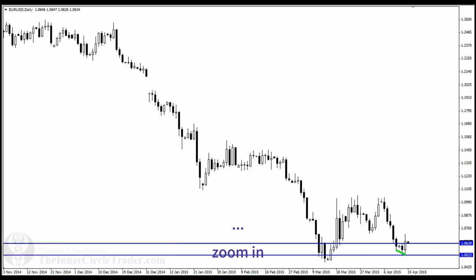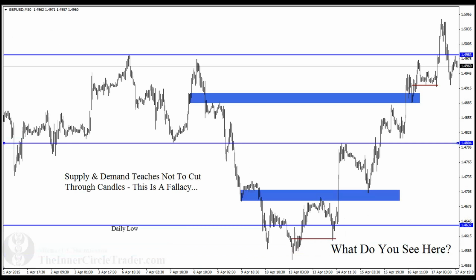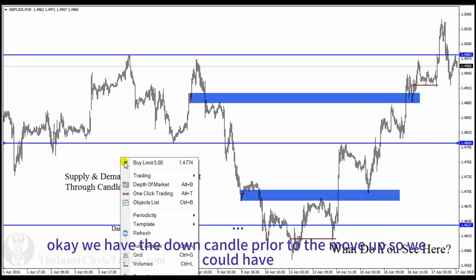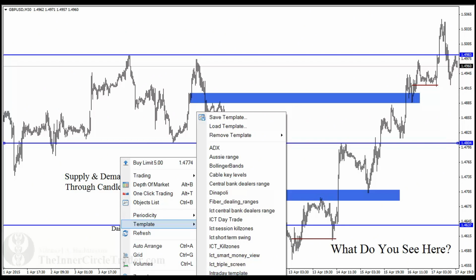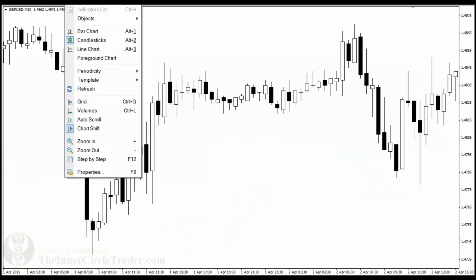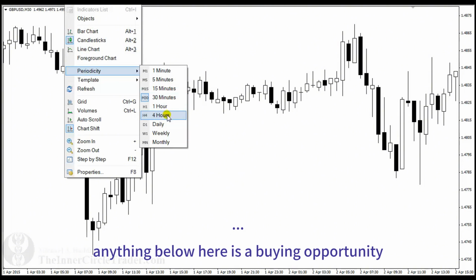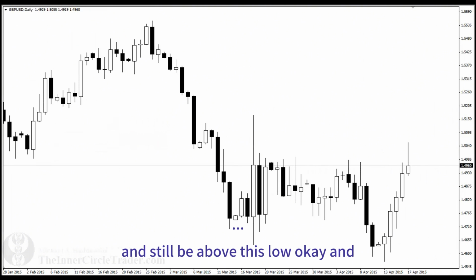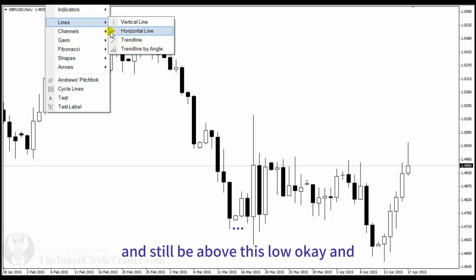At the same time, we had the British pound, and I'm going to have to take all this stuff off to get it, but that's fine. We've already talked about everything we need to talk about as it relates to that pair. Okay, and I'm going to draw that daily low back on so you can see where I got it from.